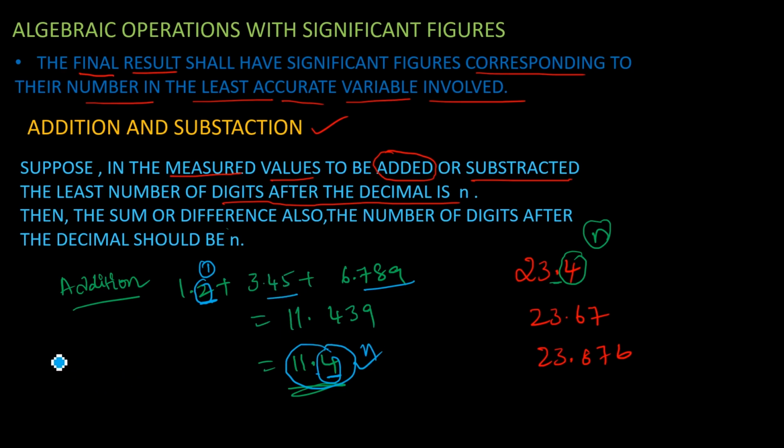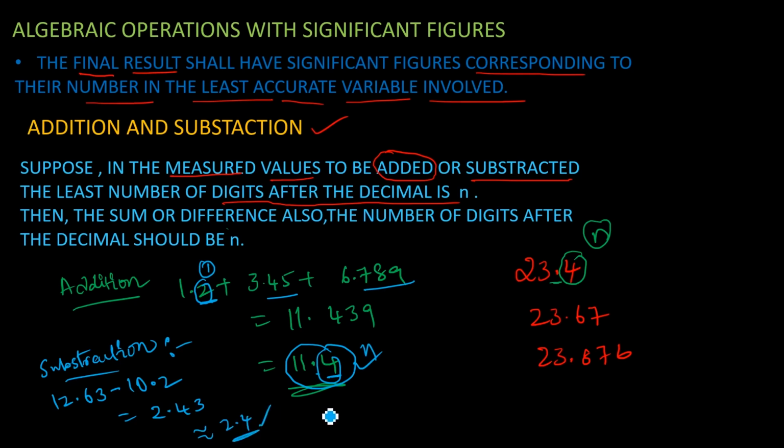Next, subtraction. Here I'm considering 12.63 minus 10.2. You will get 2.43, which is approximately equal to 2.4.